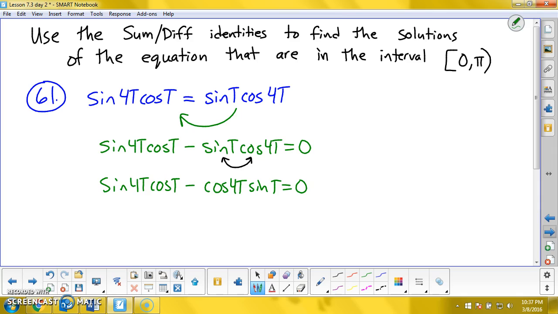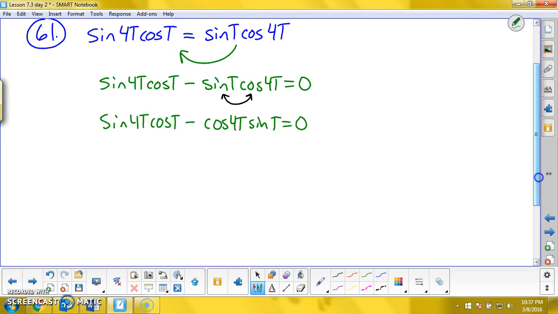And now, hopefully you can tell that this whole left-hand side is equivalent to the sine of 4t minus 1t. It's the difference formula for the sine. And that simplifies into the sine of 3t, because 4t minus 1t just gives us 3t.